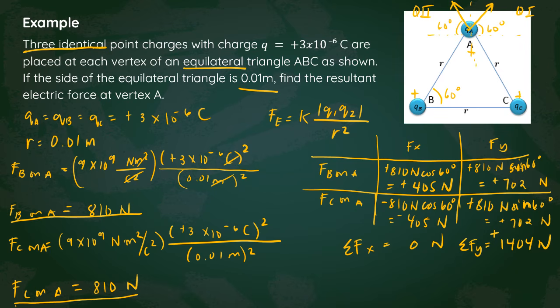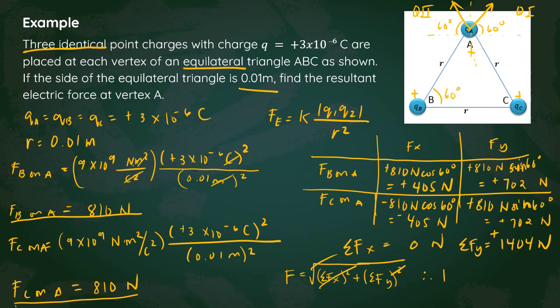Now, when we solve for the resultant force out of the components, if you remember, F is equal to the square root of the sum of Fx squared plus the sum of Fy squared. And since in this case Fx is 0, we can cancel out the square and the square root, therefore the net force is equal to the sum of the forces along y.